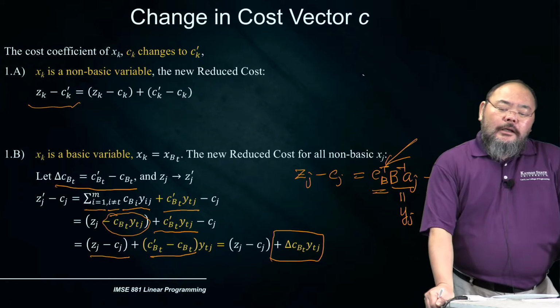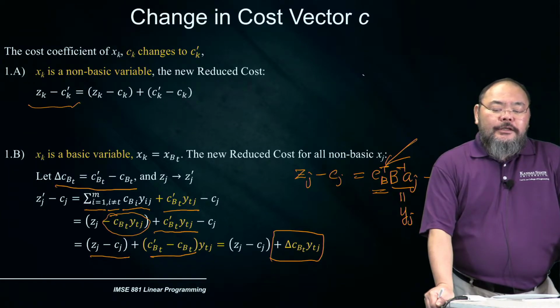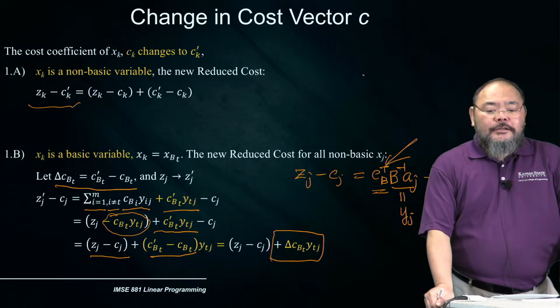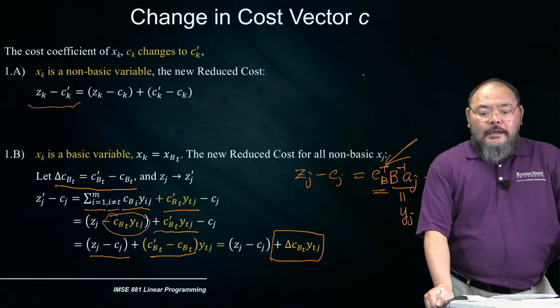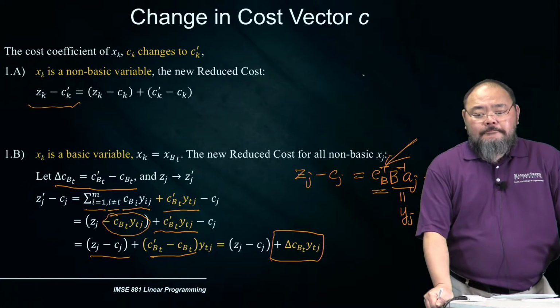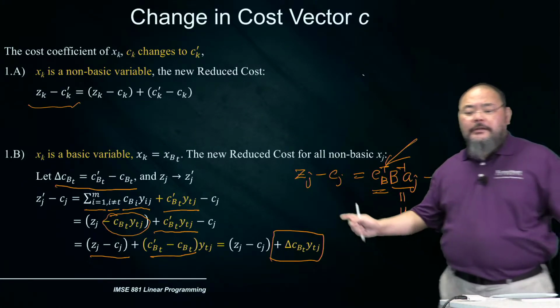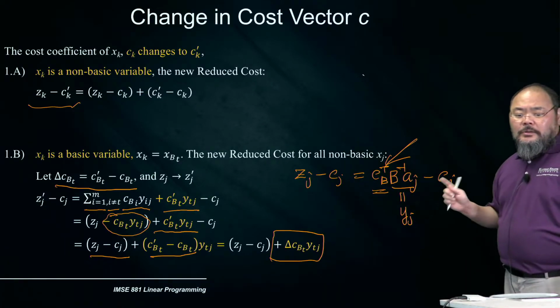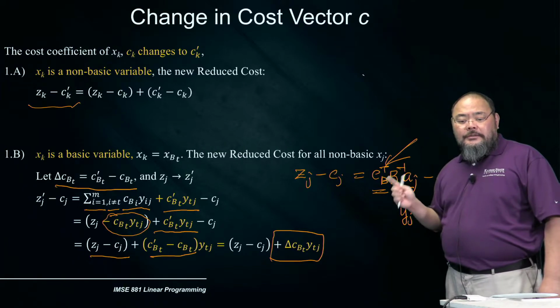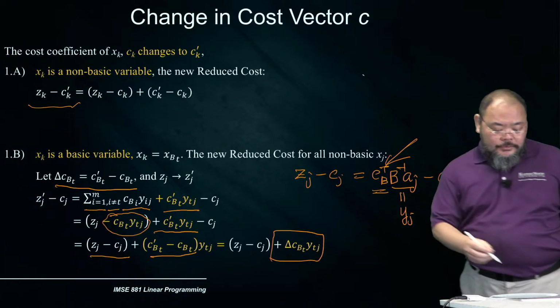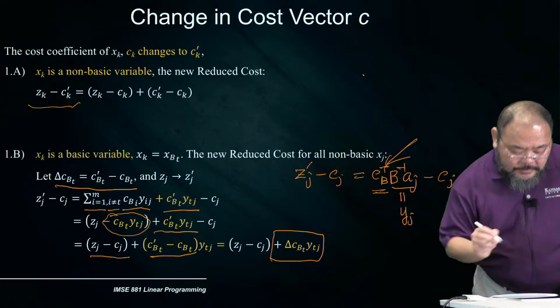So if cBt is changing, meaning the corresponding xt is a basic variable, the result is slightly different, a little bit more complicated, because all the non-basic columns will be affected by this cB prime. cB prime is the new one, so it should actually be z prime right here.